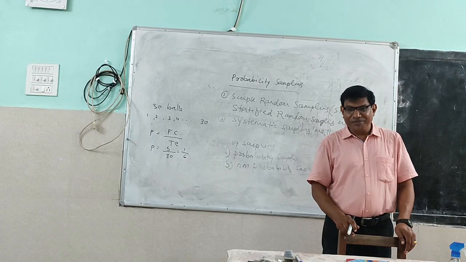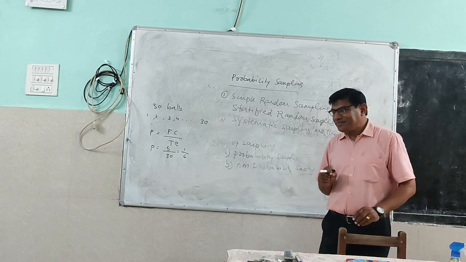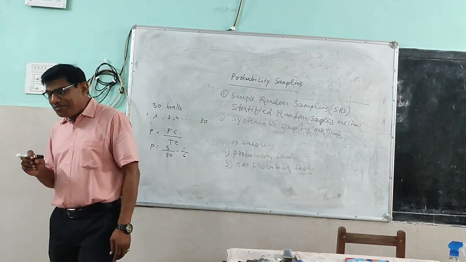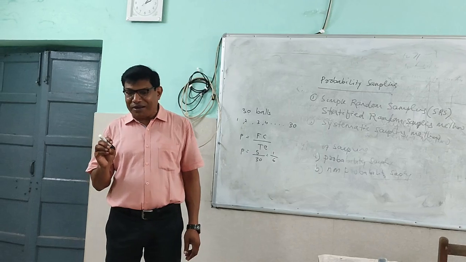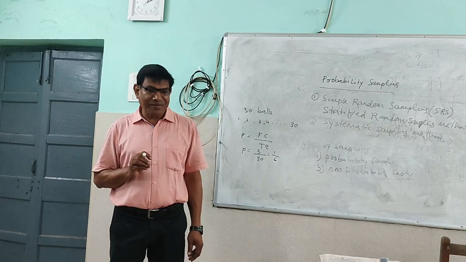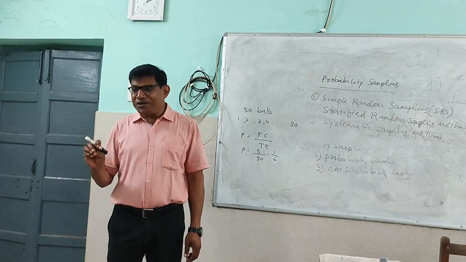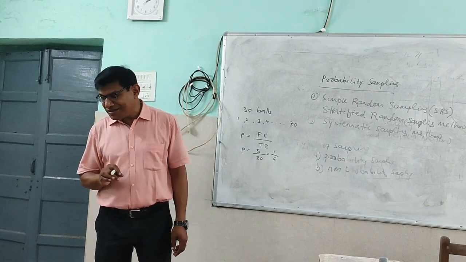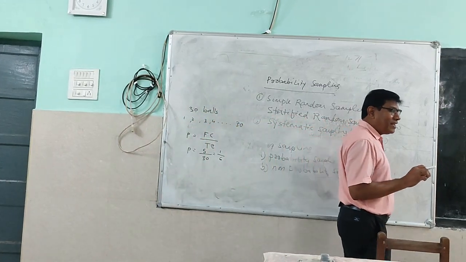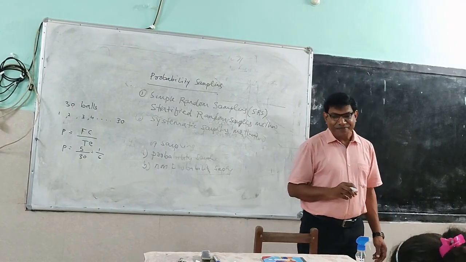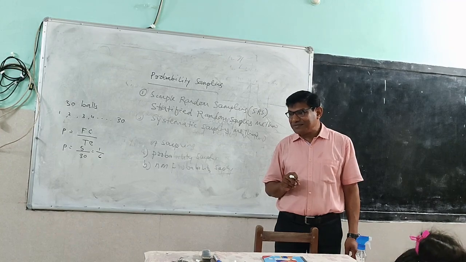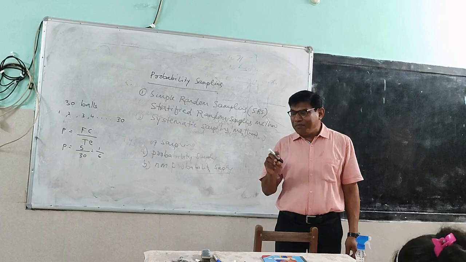The statisticians have developed a random number table, in which different arithmetic numbers are randomly printed on a piece of paper.